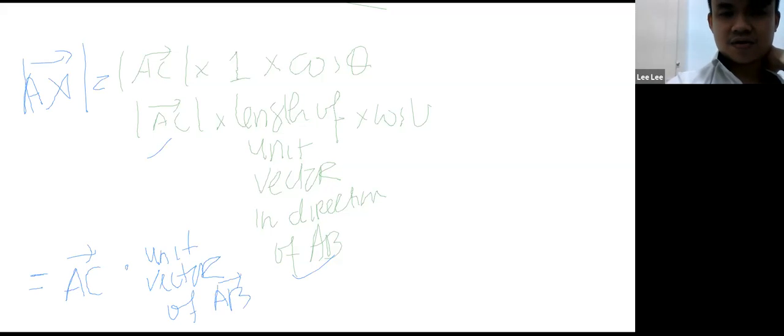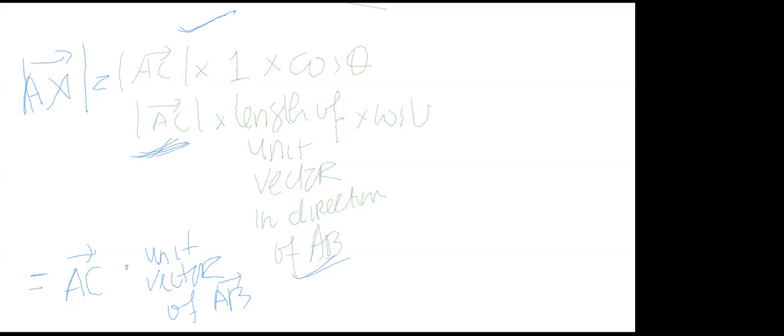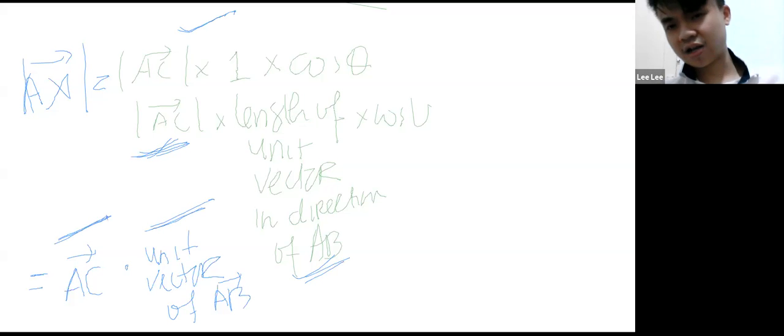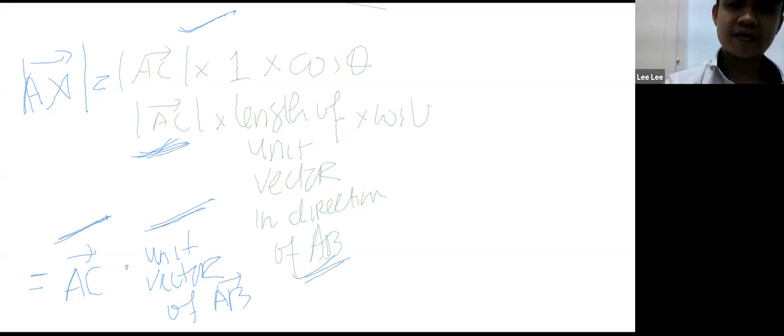So AX equals this, and this one equals this, right? So if you have length times length, you can switch it to the dot rule. So the dot rule is what? AC dot the unit vector in the direction of AB. That's how you get the length of AX.